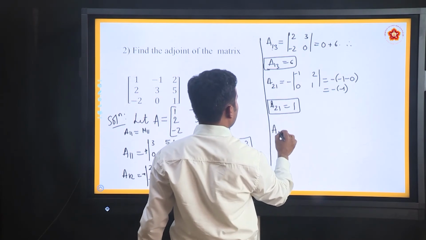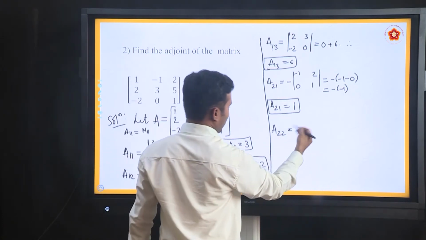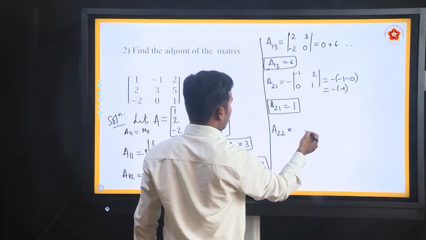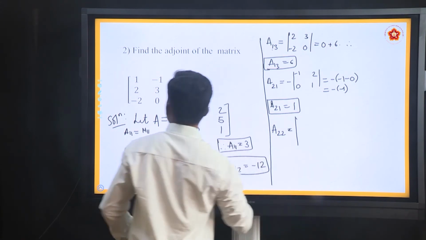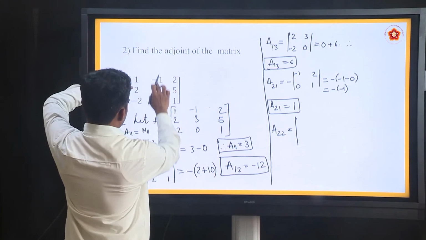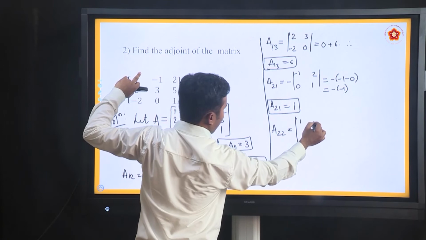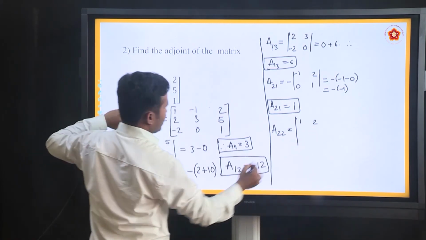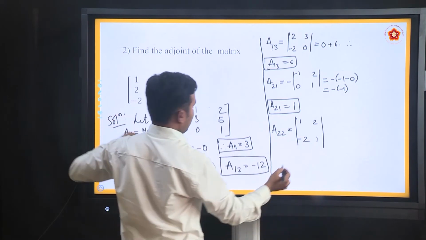Similarly, find A22. A22 is 2 plus 2, minus 1 to the power 4 is plus. You take the plus determinant of, you just delete the second row, second column. What you left? 1, 2 and minus 2, 1. Okay.